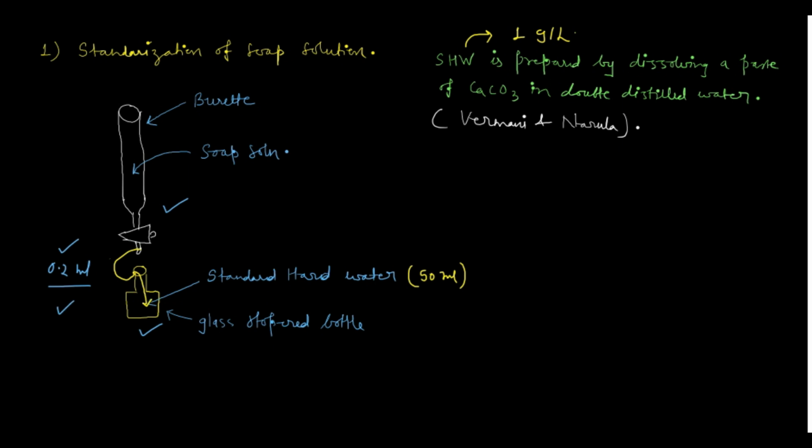So I will add 0.2 ml of the soap solution to it. This soap solution is sodium stearate, and the water has the hardness causing ions, calcium and magnesium. Then I will put the stopper on the glass stoppered bottle and shake this mixture vigorously, and notice whether any lather is forming or not.